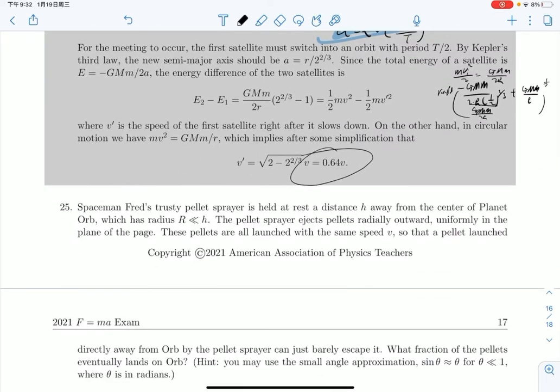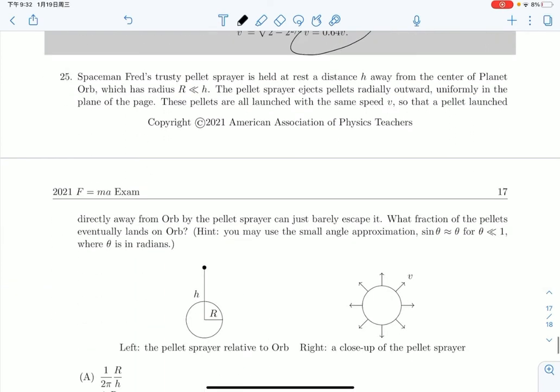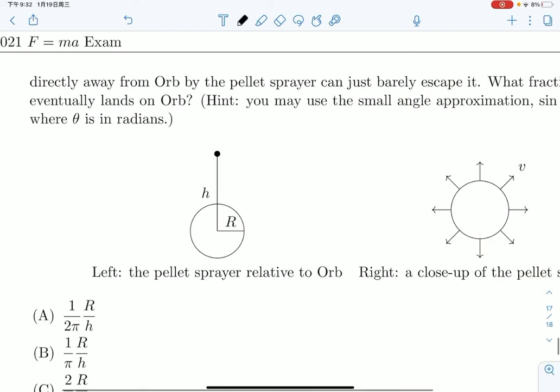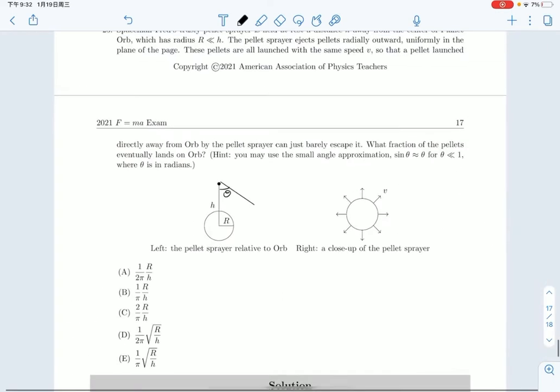Okay, moving on to question 25. I think this question is fairly easy. So basically, if you observe and set an angle to be theta, and here's velocity v.